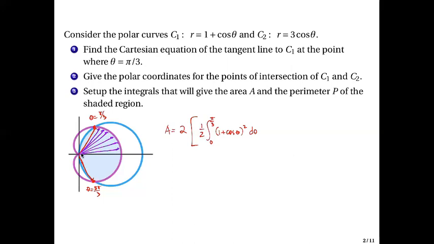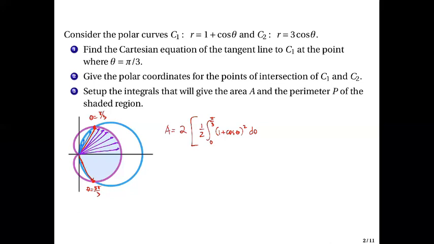But from pi over 3 up to this particular point, the boundary is just from the circle. So this time you use the circle. It will be from pi over 3 until this particular point of the circle, and we said earlier that this will be at the point where theta equals pi over 2 for that circle.